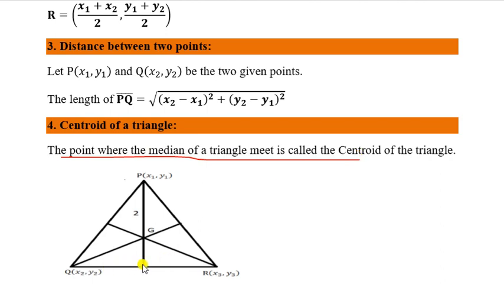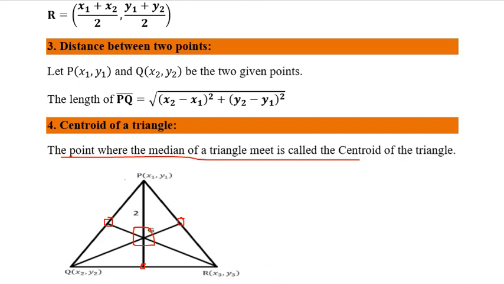Suppose this is the midpoint of QR, this is the midpoint of PR, and this is the midpoint of PQ. If we join all of these, the medians will get one intersection point, and this intersection point is called the centroid of that triangle.